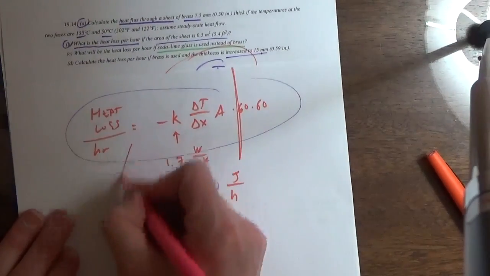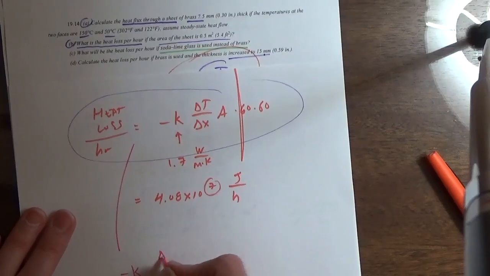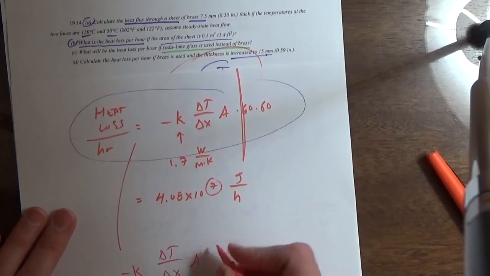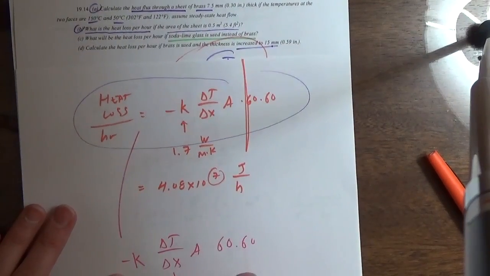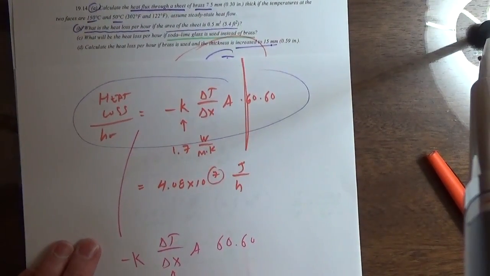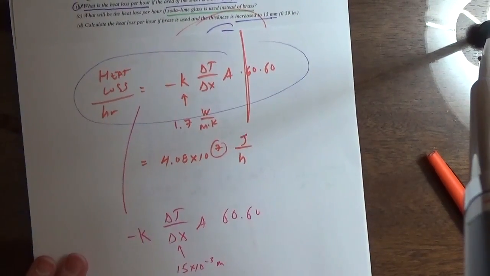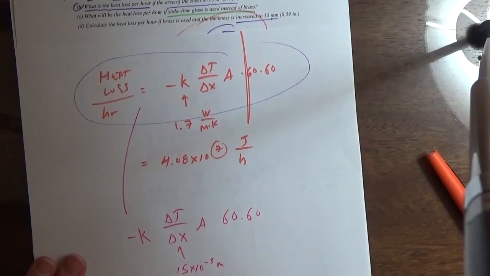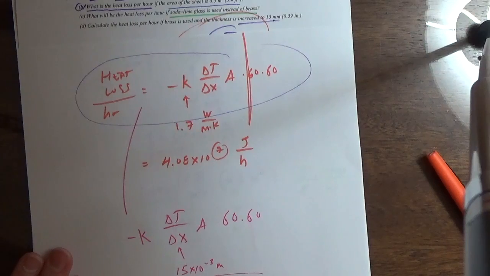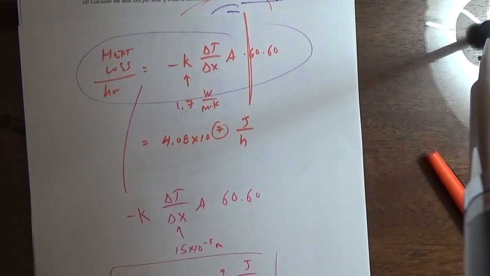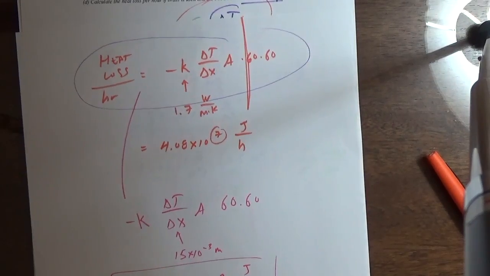We can say negative K delta T over delta X A 60, and now change T to 15 times 10 to the minus 3 meters, and doing that we get a heat loss of 1.44 times 10 to the 9 joule per hour. So basically we're just taking the same equation here and working with it.